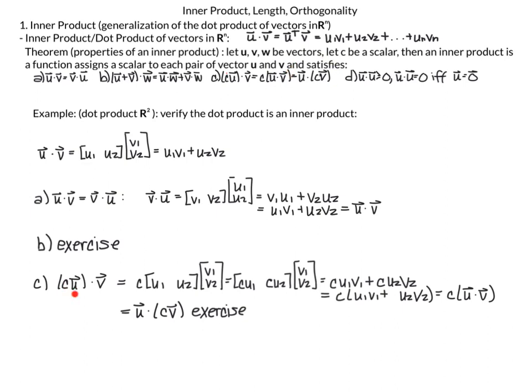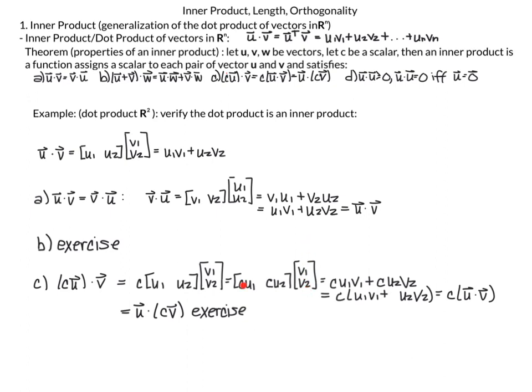So I have CU dotted with V. CU is the constant C times my vector U, and then to dot it with V, I'm going to multiply it times my V vector. So C times U will give me CU1, CU2, dotted with V1, V2.